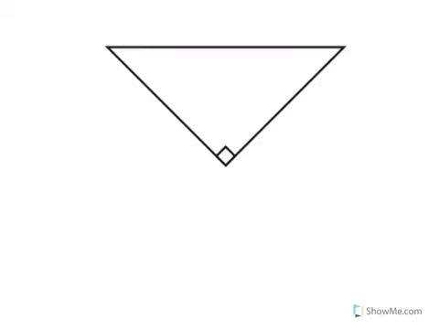Let's give this triangle two names. First of all, I see that it has a 90-degree angle. So this could be named a right triangle if I'm naming it by its angles.